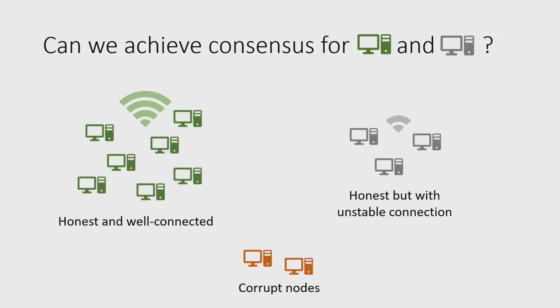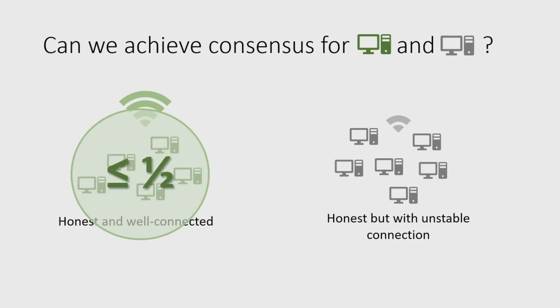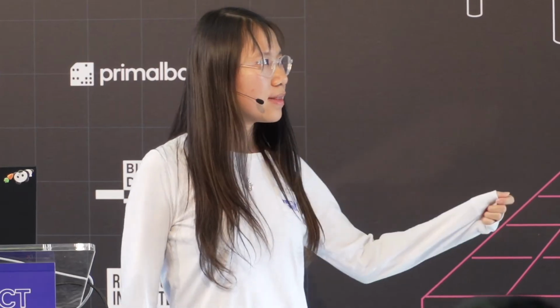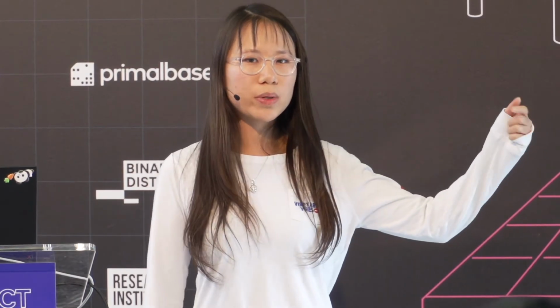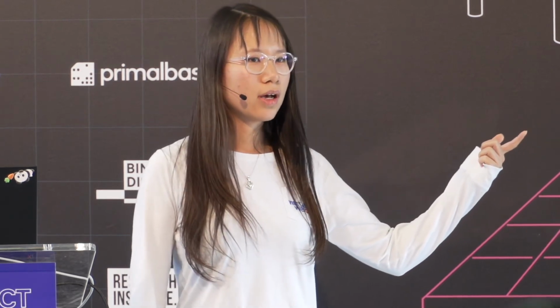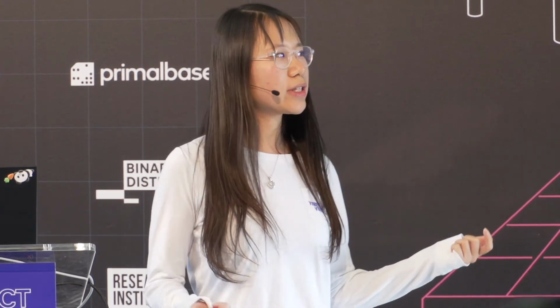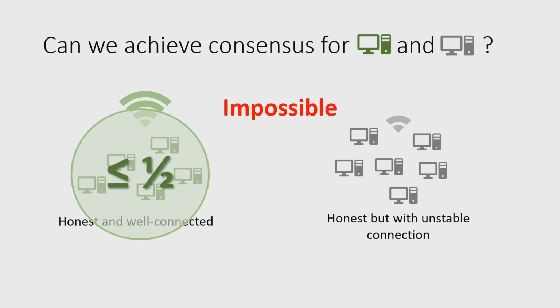OK, so the answer to this question actually includes two parts. The first one is, if this green set is too small, then our conclusion is that it's impossible to reach consensus between these sets. This conclusion is intuitive because you can imagine that you have two partitions in the network that are both well connected internally, and they are not connected to each other.